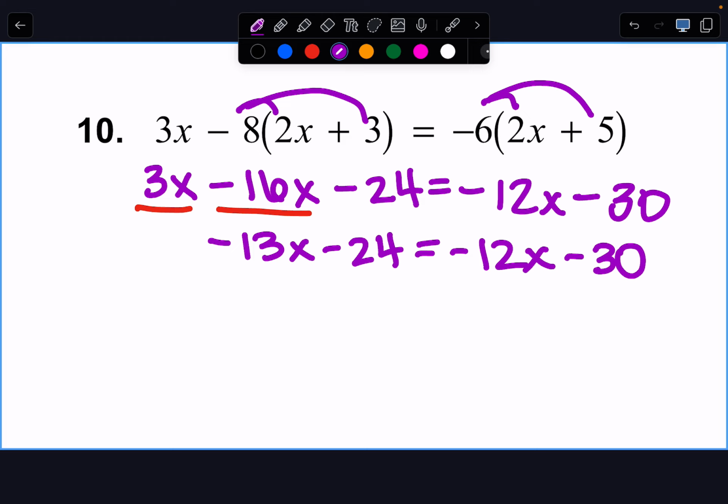Does anybody have any strong feelings about where we should move the variables? We should move the variables to the left side. Yeah. Left side? Okay. So to undo minus 12x, we're going to have to add 12x.